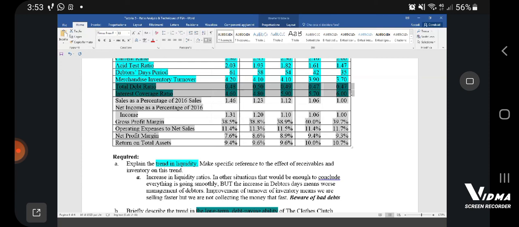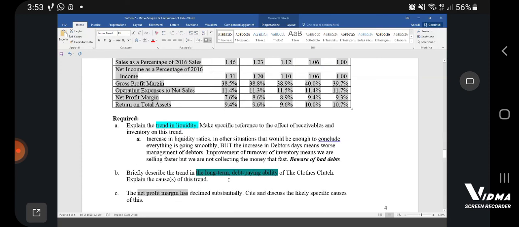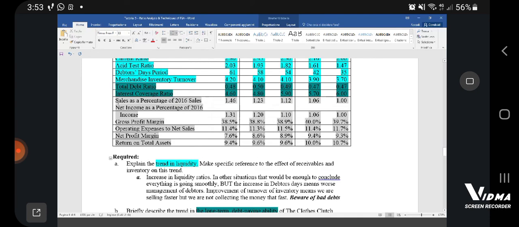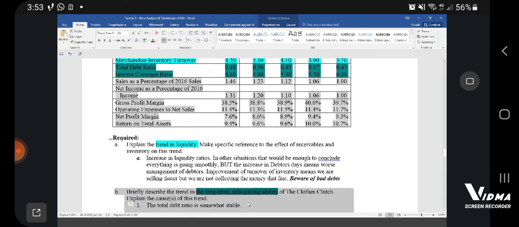Come on, commenting on the trends is not difficult. So I wrote that. Do you agree with me? The total debt ratio is somewhat stable. Is that stable almost over the years?